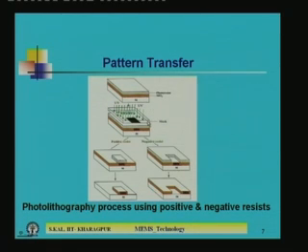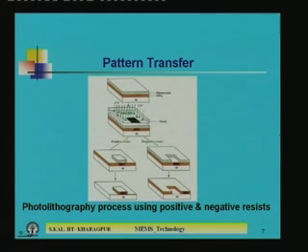Now the mask plate is aligned onto the photoresist film, and on the mask plate you can see this portion is black, which is opaque, and the rest of the portion is transparent. Now, through the black region, which is opaque, the ultraviolet light cannot pass, and through the transparent region it will pass. So, now if you use positive resist or negative resist, then the structure will be different.